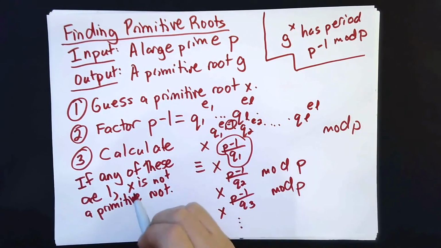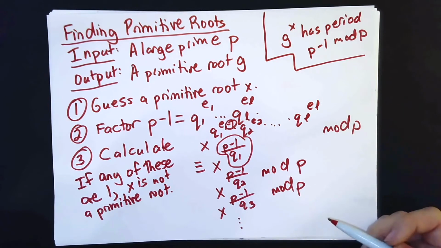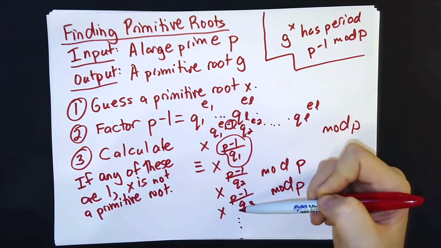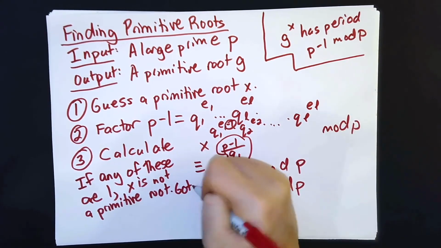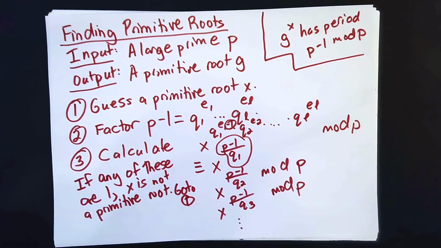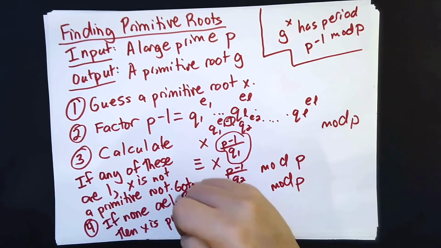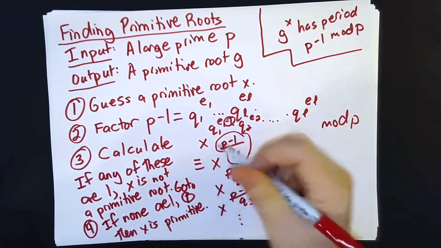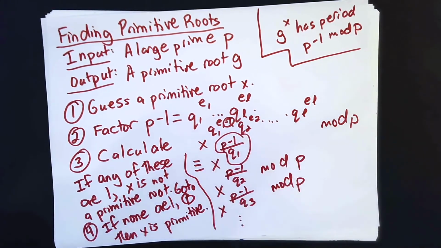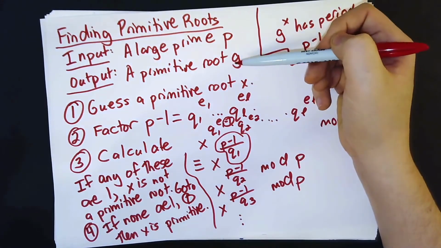And as soon as you see your x is not a primitive root, so really, as soon as you calculate one of these and it's equal to 1, you go back to step 1, and you guess a different primitive root. But if none of these are 1, then x is a primitive root. And so then we can go ahead and return x as our answer for our function.